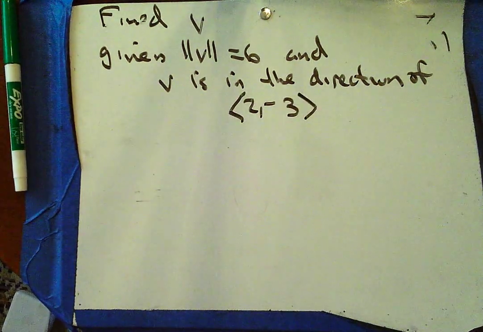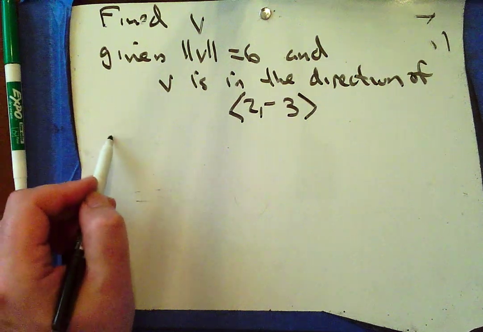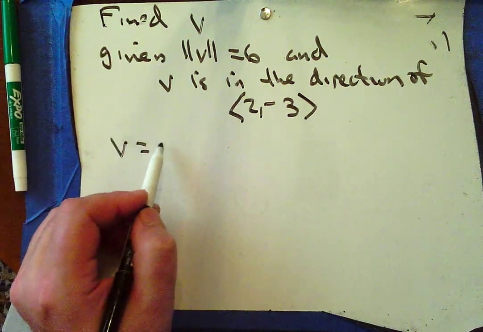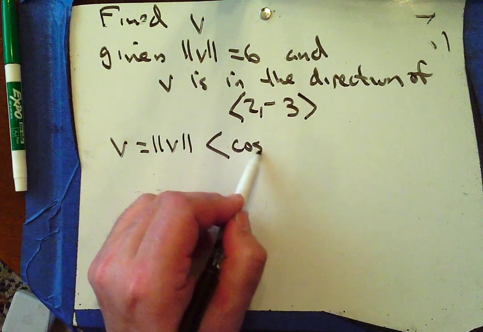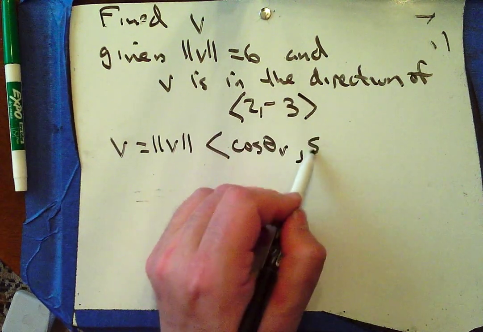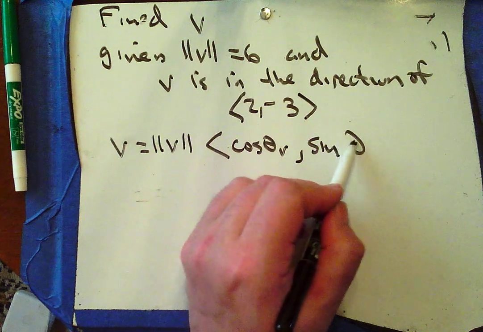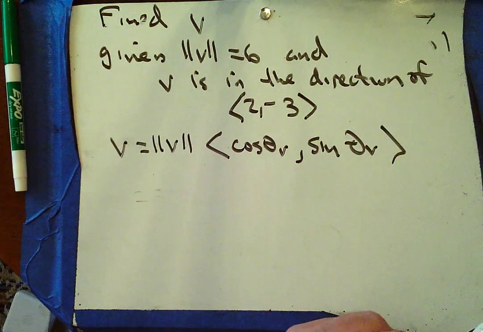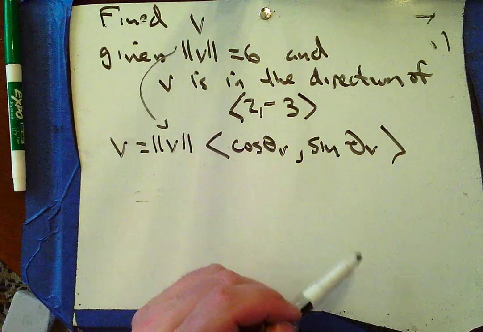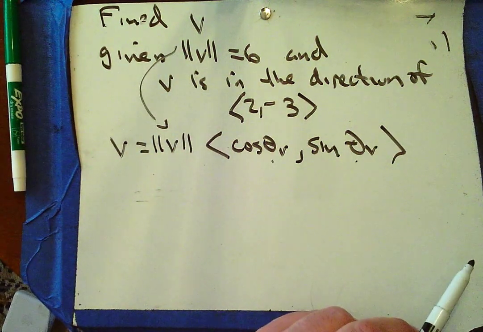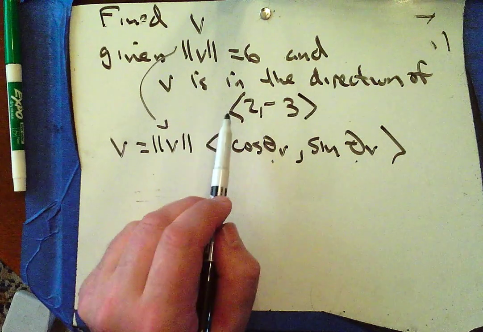Now we're given component form, and I think about using v equals the magnitude of v times cosine theta v, comma, sine theta v, with component form brackets. Again, I have the magnitude of v, but I don't have theta v yet. How do I find theta v?